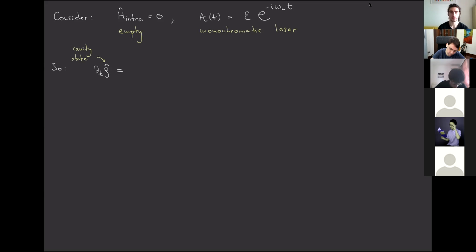So I will just call it rho. And then we have the Hamiltonian terms. In particular, we have this kind of Hamiltonian, and then the driving term, commutator with the state, and then the dissipative pieces.